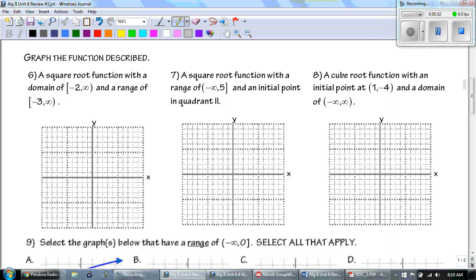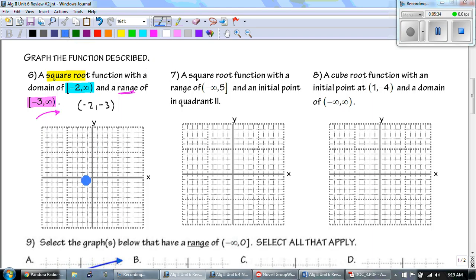Graph the function described. I need to graph a square root function with a domain of -2 to infinity and a range of -3 to infinity. So that tells me a couple things, that my initial point is -2, -3, and since it's -3 to infinity, my range, that means it's going up.